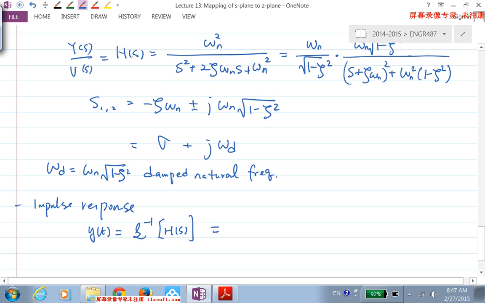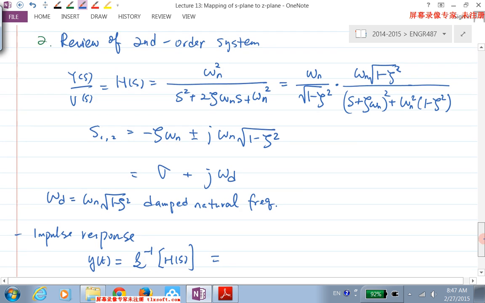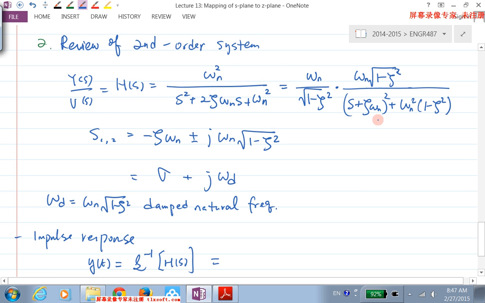If you look at your handout of the Z transformation table, you will see that there is one particular transformation, omega over (s plus a) squared plus omega squared. You have one particular item like this, and the corresponding mapping.